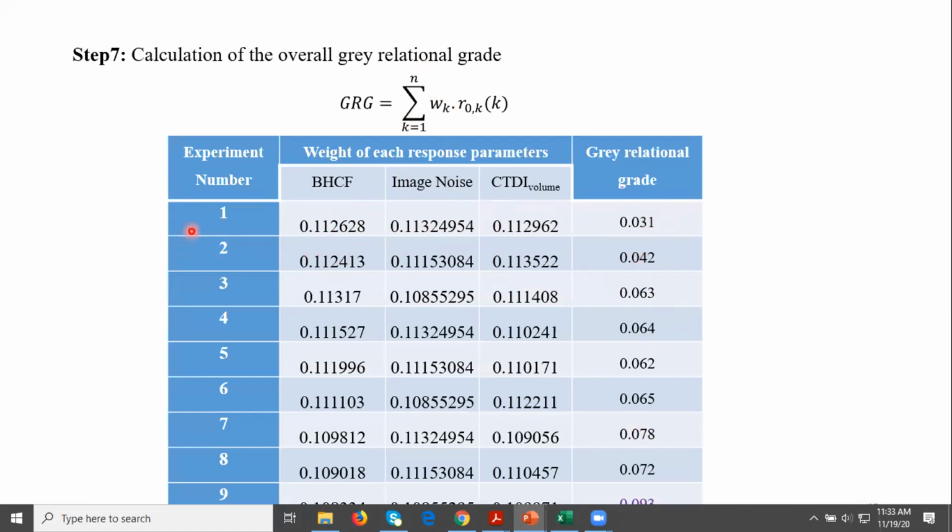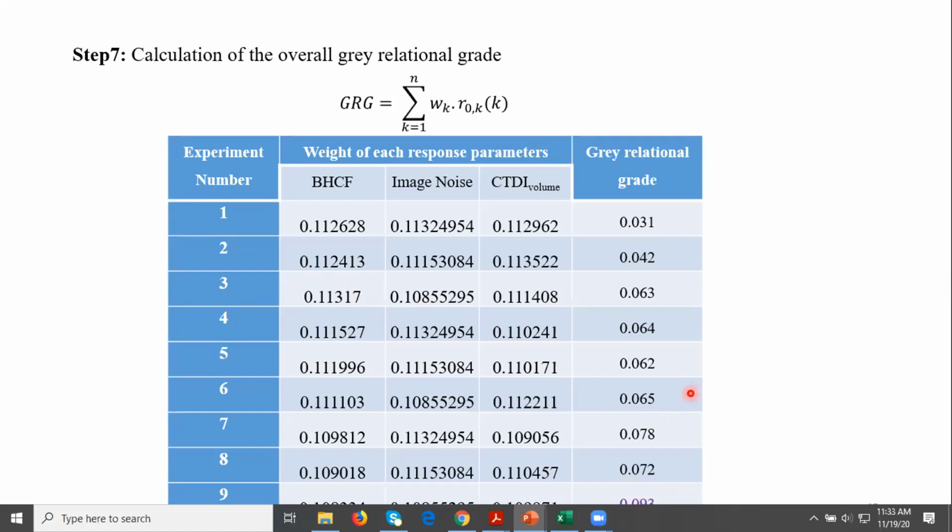For the first experiment, what is the gradation grade? This summation. The second experiment, like this, you can see. In this one, the maximum value you are getting here means this is the optimal value, the optimal gradation grade. Based on the gradation grade, you can say this is the optimal value for your experiments: the 9th experiment, good.